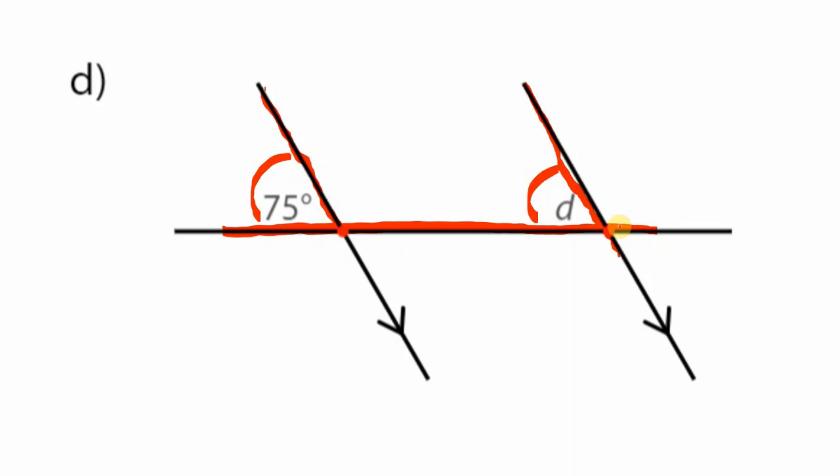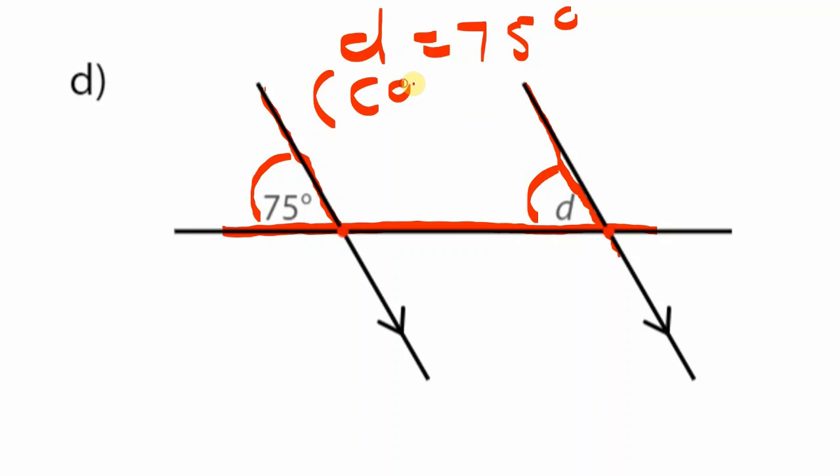Here we have our intersection. They are both on top of the intersection, on the same side of the intersection, so they match in that way. So we refer to them as corresponding angles, since they match in two ways. And furthermore, since we have parallel lines, we can also say they are equal. So we can in fact say D equals 75 degrees, reason being corresponding angles. Perfectly acceptable abbreviation here.